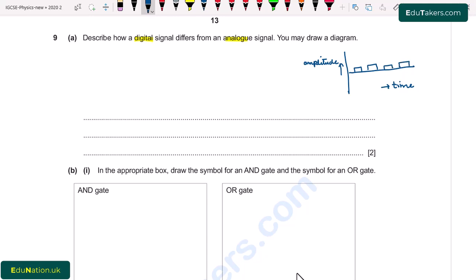This is digital signal, while for analog signal, the shape will be just like this. So this is analog signal and it is digital signal.